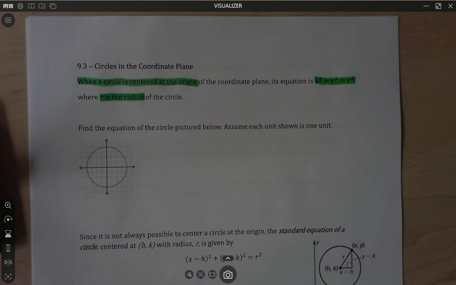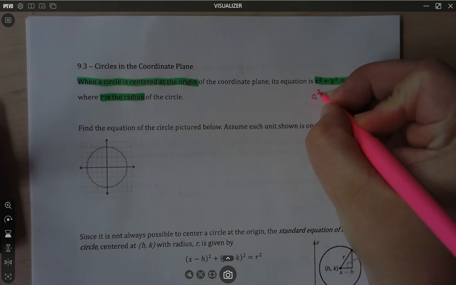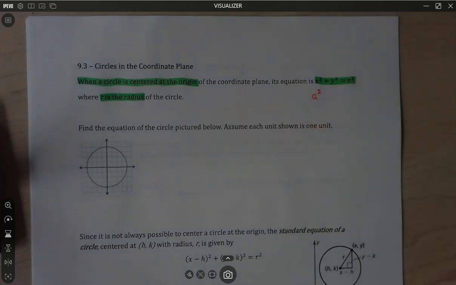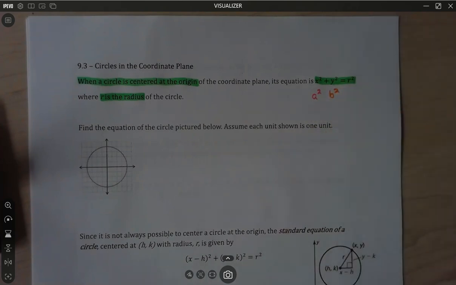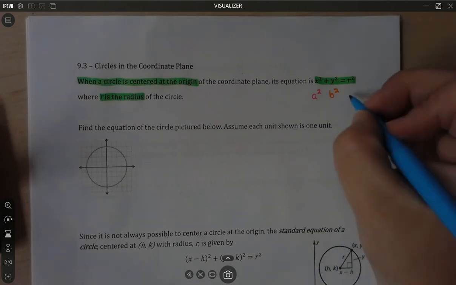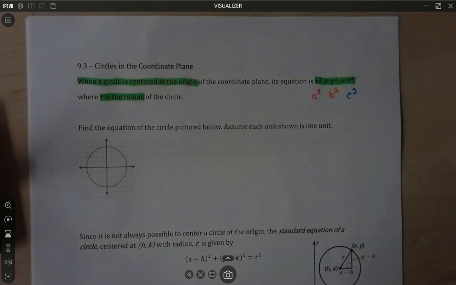Now this equation should look really familiar if I rewrite it. Now notice that x squared and y squared could be replaced with, let's say, a squared and b squared, and then our r squared could be our c squared.